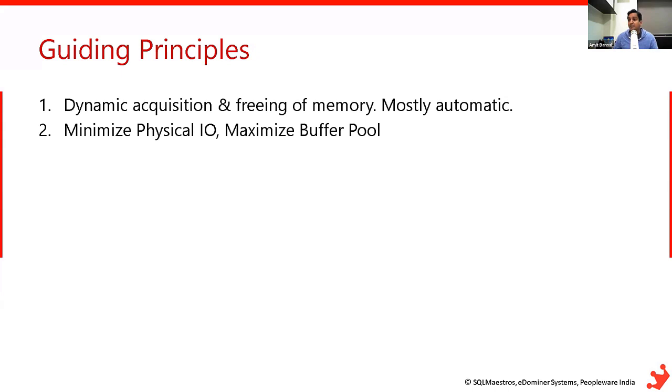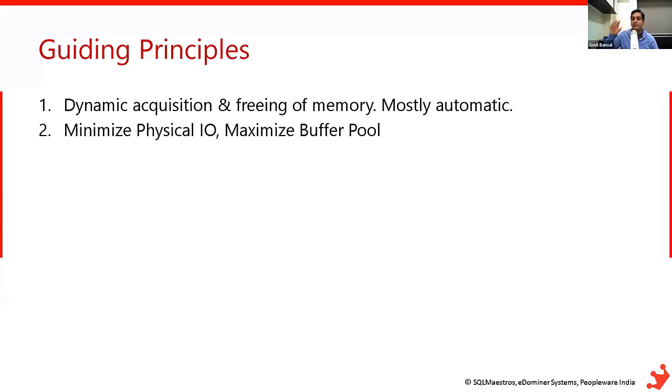The second guiding principle is to minimize physical I/O and maximize the buffer pool. Buffer pool is one of the most important memory consumers in SQL Server. It has only one job, which is to ensure that there is enough data cache to load the data pages from disk into memory. We all know that physical I/O turns out to be quite expensive, and SQL Server will ensure that physical I/O is minimal so that as much as possible is in memory.